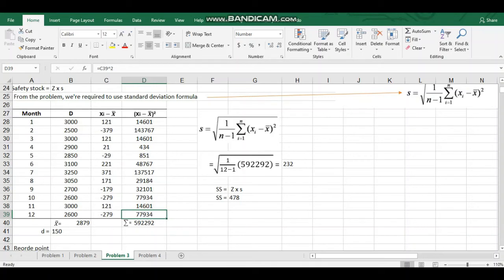And finally, after we have these numbers, we sum all of them, and we got the sigma. And this number, the sigma, we use for this equation to find the standard deviation. The formula for the standard deviation is the square root of 1 divided by n minus 1, where n is the total number of months or periods.